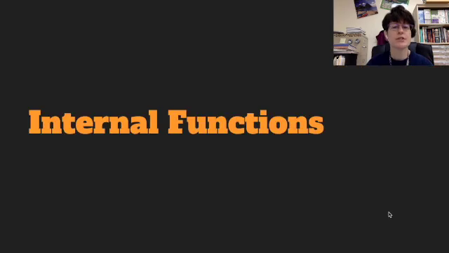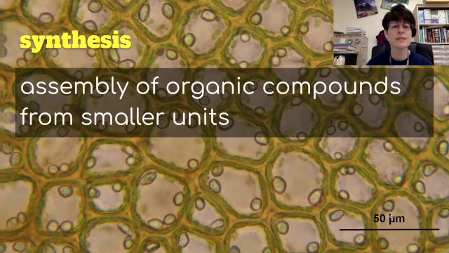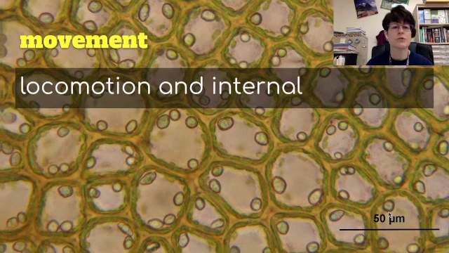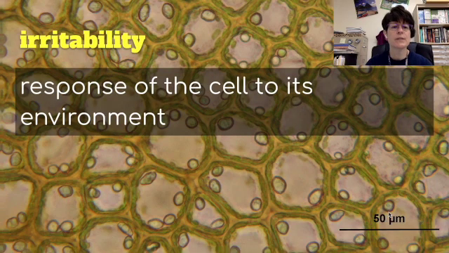And then there are some internal functions. These are synthesis, the assembly of organic compounds from smaller units. Respiration, the breakdown of food with the release of energy. Movement, which includes both locomotion, moving from place to place, and internal movement inside of the cell. Irritability, response of the cell to its environment.